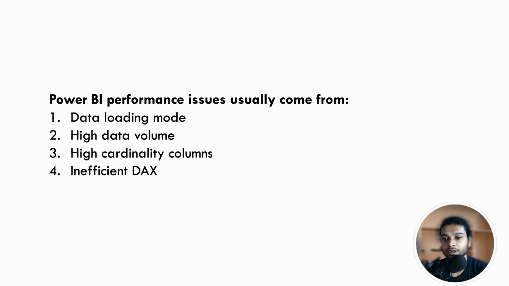And for the third performance issue, we have high cardinality columns. For this, I have to talk about something interesting here. We talked about Power BI using a dedicated in-memory storage system called VertiPaq. This VertiPaq follows a different format of storing data, and that is called columnar format.